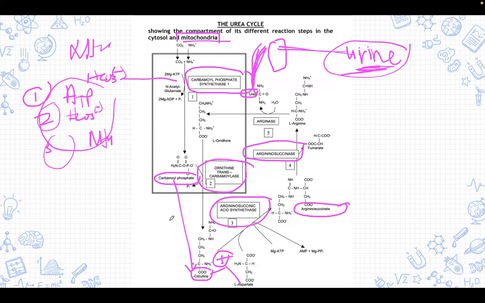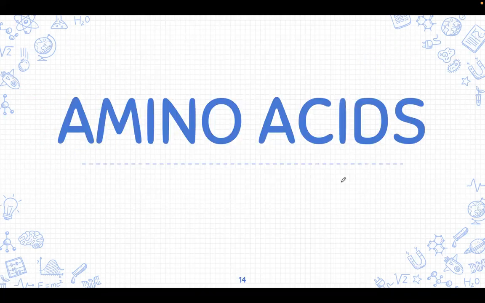Nagka-problema ka sa mga enzymes mo. Yun po yung sinasabi nating deep importance ni enzymes na dapat hindi siya na-denatured kapag mataas yung temperature sa katawan natin. Kasi itong buong urea cycle na to, it will be parang depleted or parang mako-compromise siya. Okay, so ang haba ng urea cycle. Proceed na po tayo sa amino acids.